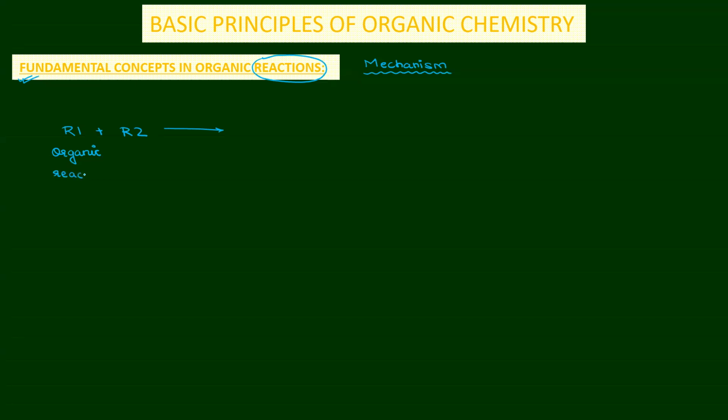So from now onwards, in organic reactions, the carbon-containing compound having a functional group, which is a part of the reaction and called the organic reactant, would be called substrate. And the other reactant, which is reacting with it, would be called reagent. So instead of two reactants, we would say there is a reaction between a substrate and a reagent.